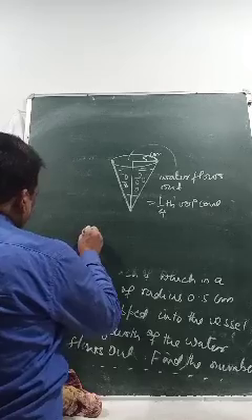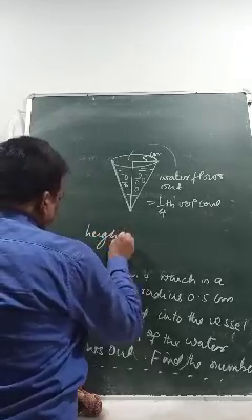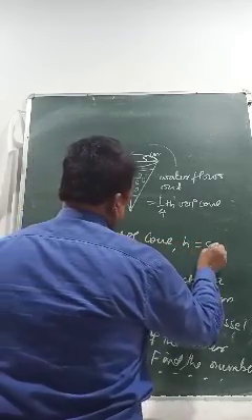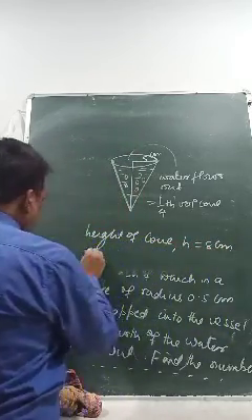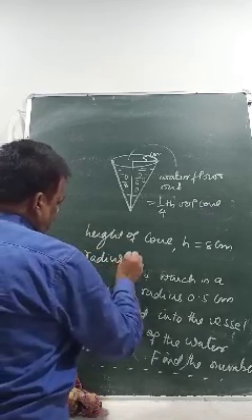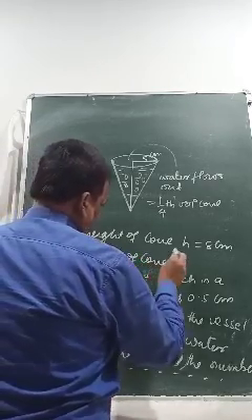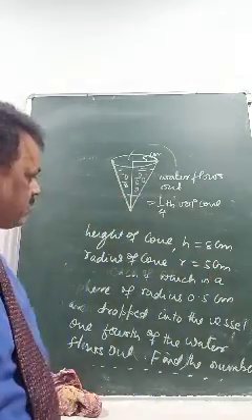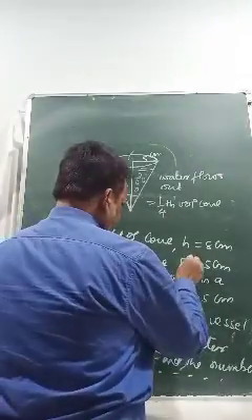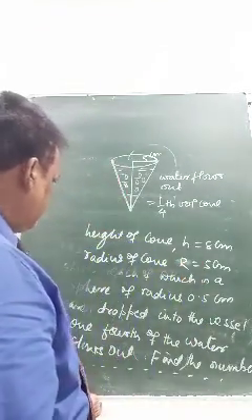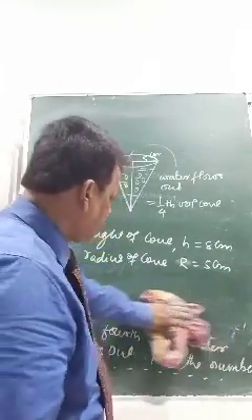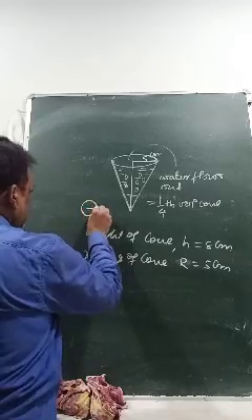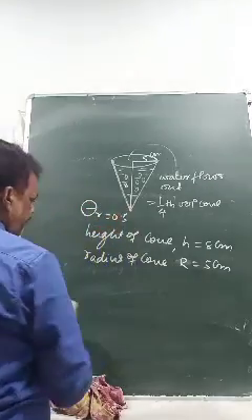first we see height of cone h is 8 centimeter. Radius of cone capital R, you take 5 centimeter. Then sphere, radius of sphere. Sphere radius is smaller, 0.5.